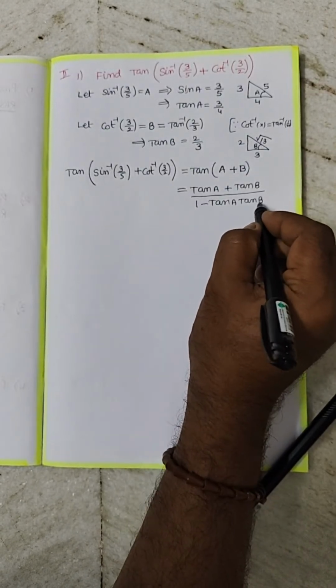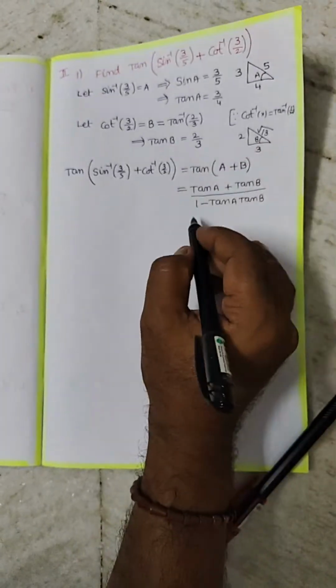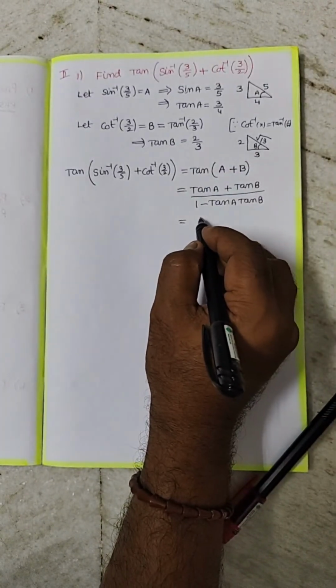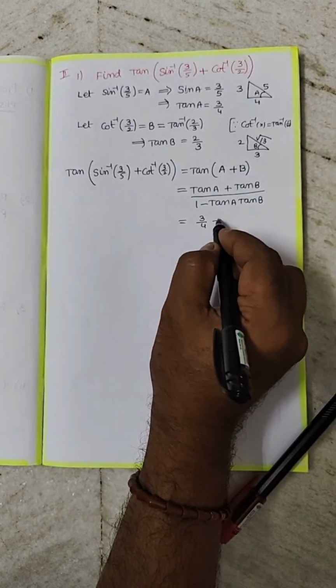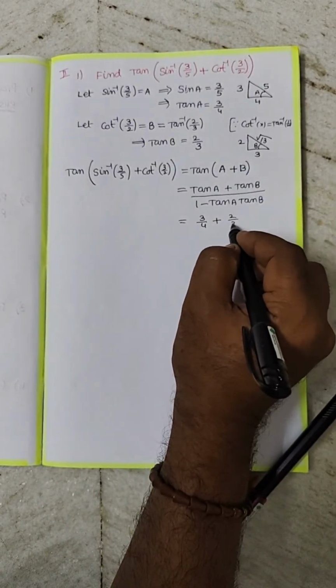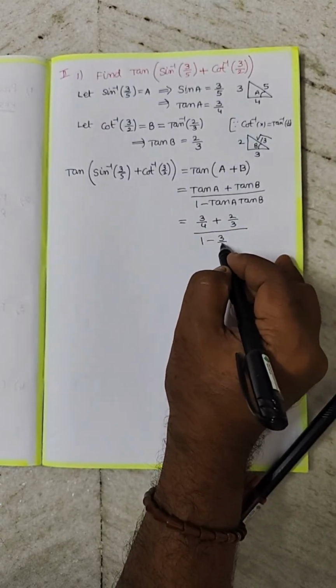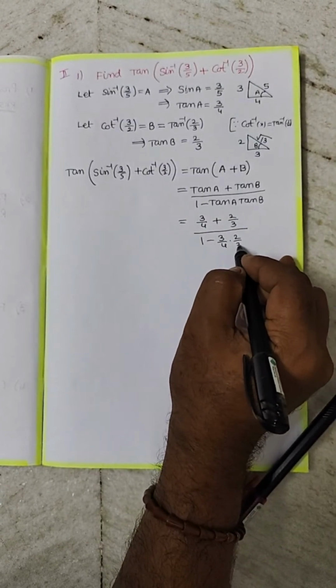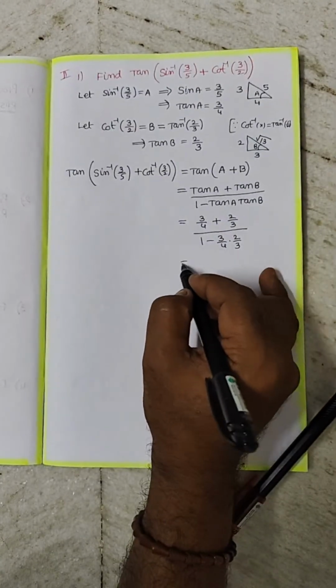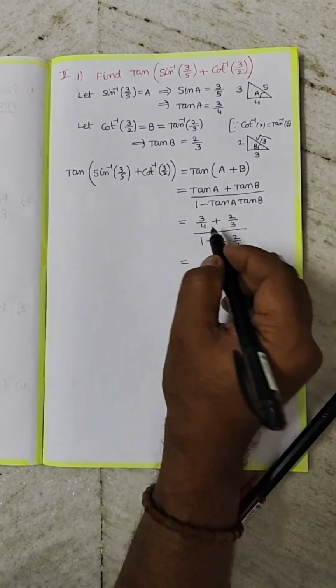So we got the values of tan A and tan B, dear students, from here. So tan A value is 3 by 4 plus tan B value is 2 by 3, whole divided by 1 minus 3 by 4 into 2 by 3. By simplifying, 3 3s are 9.